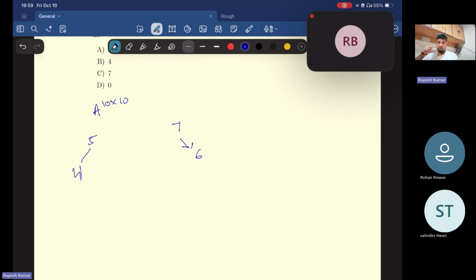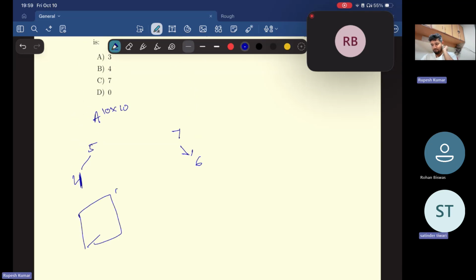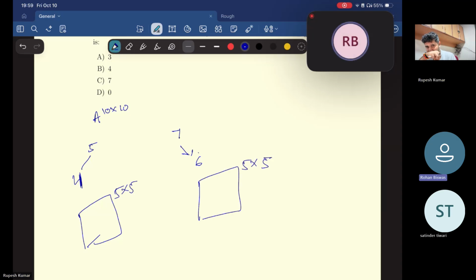So essentially, the eigenvectors of 5 are spanning a 5 by 5 space, right? And the eigenvectors of 7 are also spanning a 5 cross 5 space, right? So no contradiction can occur on the right hand side. That is a good case. So algebraic multiplicity 6 is greater than or equal to geometric multiplicity 5. So I'm trying to have a contradiction on the left hand side where AM is less than GM.